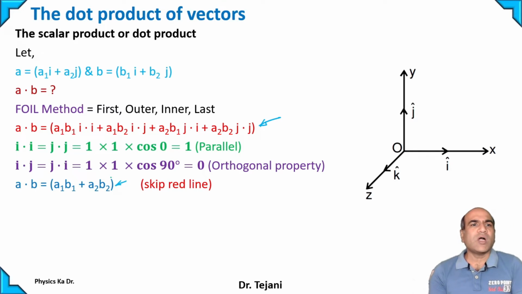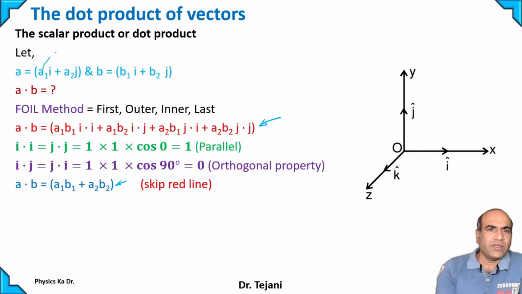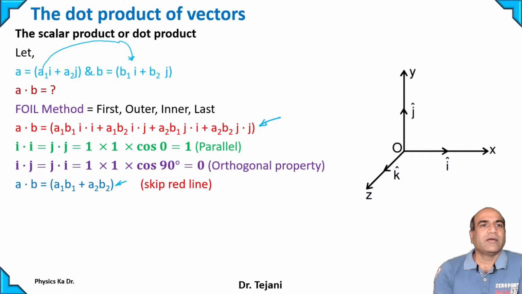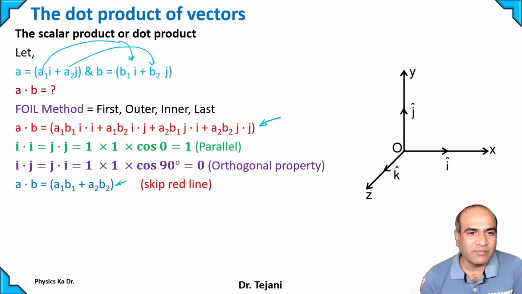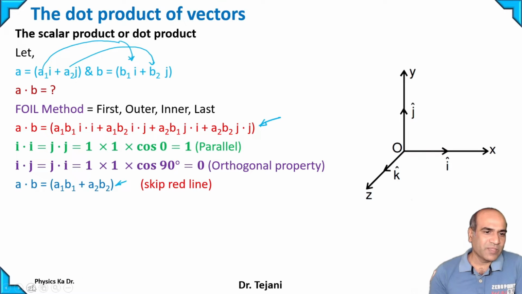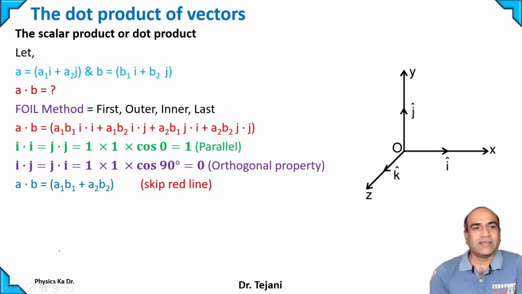So in the case of the dot product, the multiplication of a1 b1 and then a2 b2, only the single component with I multiplied by I, j multiplied by j is required. So remember that part.